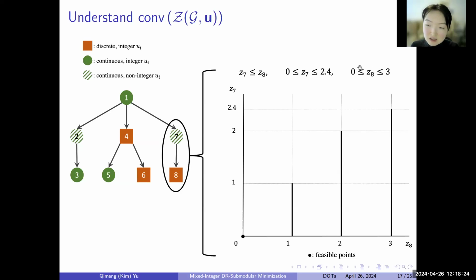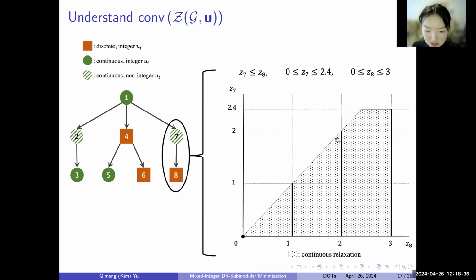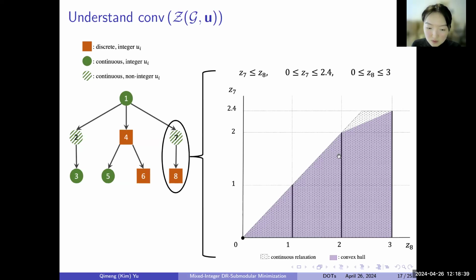And Z8 is an integer variable, let's say it's upper bounded by 3. Then the dots and the bars are the feasible points under the integrality restriction. This dotted region is the continuous relaxation given the constraints. But what we really wanted is this convex hull, the purple region.